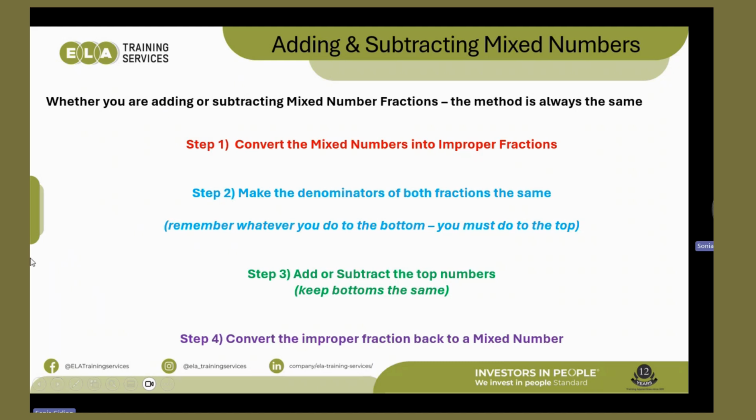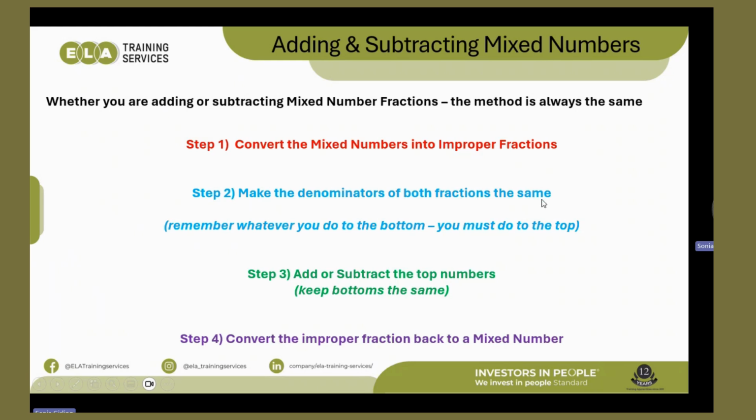Our first step is to convert the mixed numbers into improper fractions, and that's where your pre-existing knowledge of those conversions is going to come into play. Your pre-existing knowledge of adding and subtracting fractions is then going to come in with the next two elements, because your second step is to make the denominators of both fractions the same.